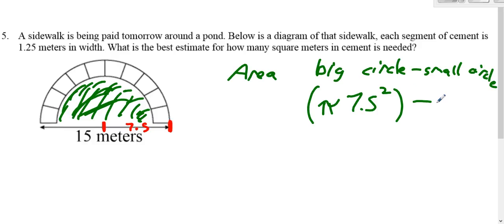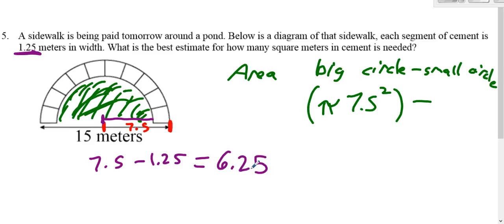The small circle is less than 7.5 because the concrete, it says, is 1.25 meters. So if you subtract, the small radius then is 6.25, so that's pi times radius squared.